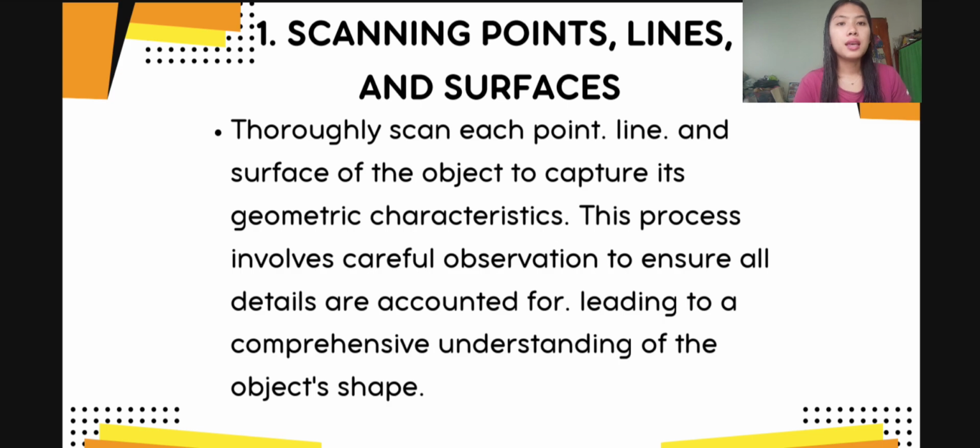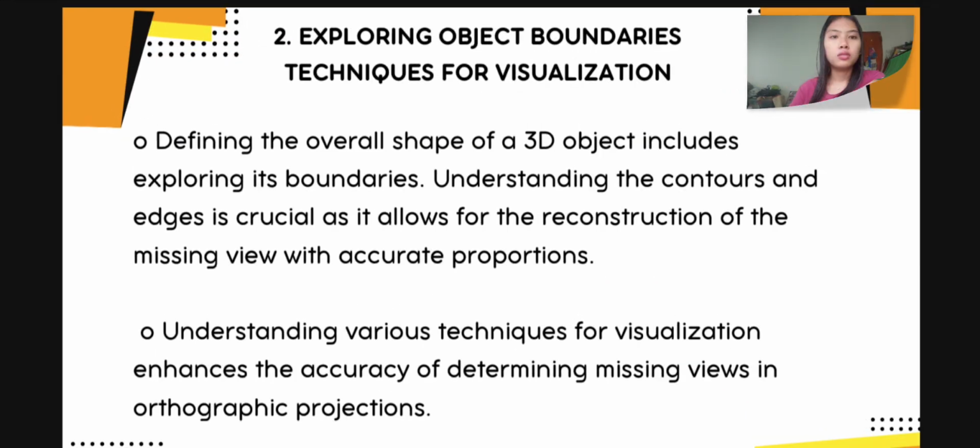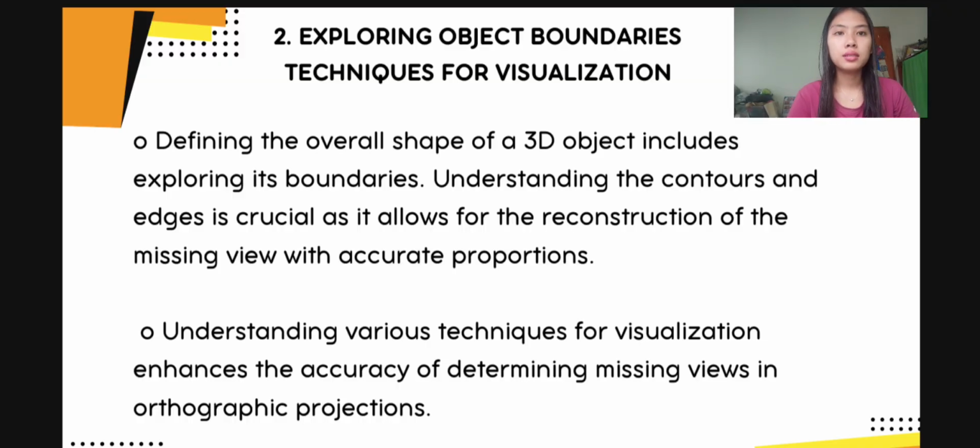This step is like reading clues. The information is already there. We just need to interpret it carefully. The more we study the lines and surfaces, the more accurate our missing view will be. The second one is exploring object boundaries.